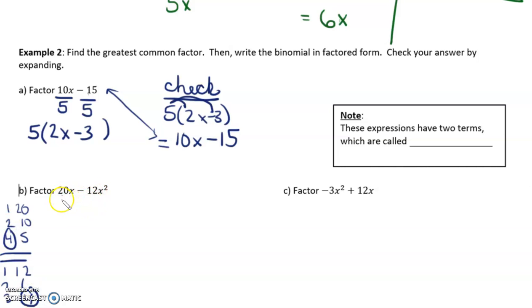We're going to divide both of these by 4. Then we have x to the 1 and x squared, so we divide both by x as well. 20 divided by 4 is 5. x and x cancel. 12 divided by 4 is 3. x squared divided by x is just x.